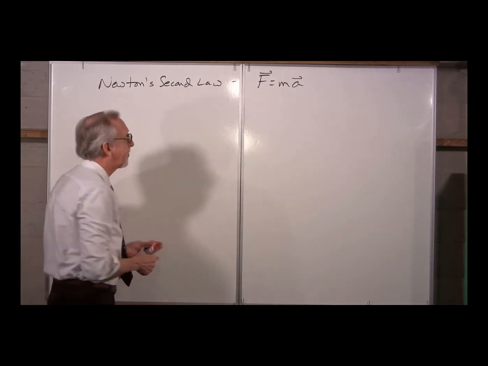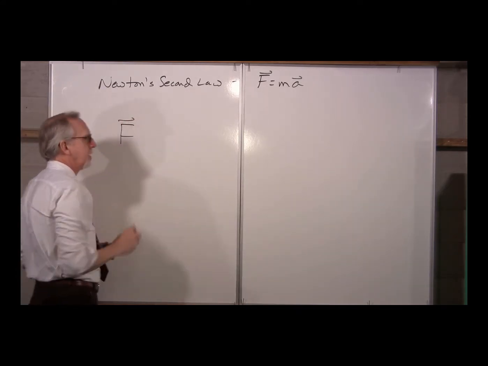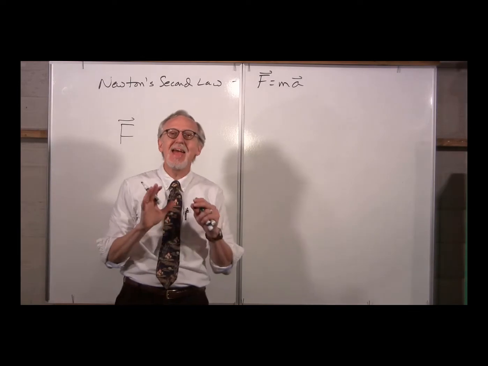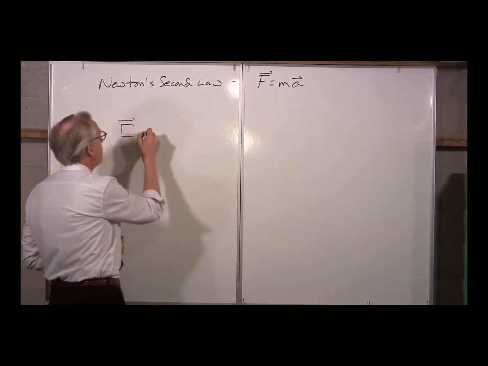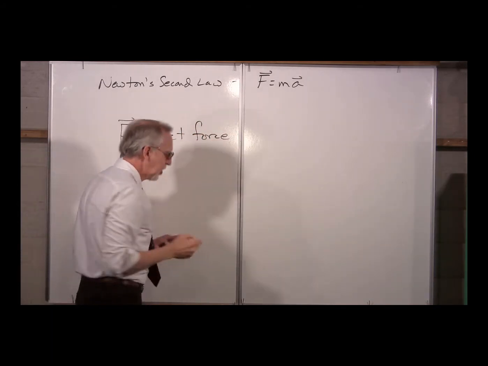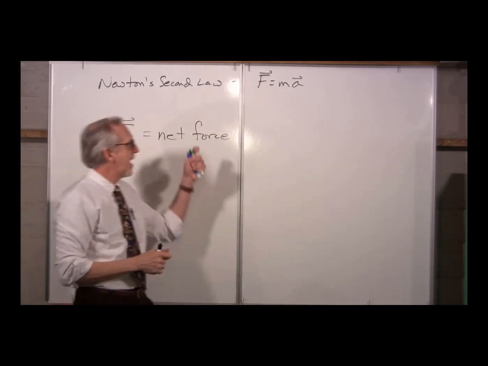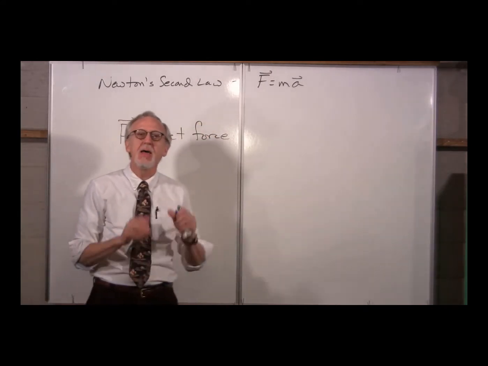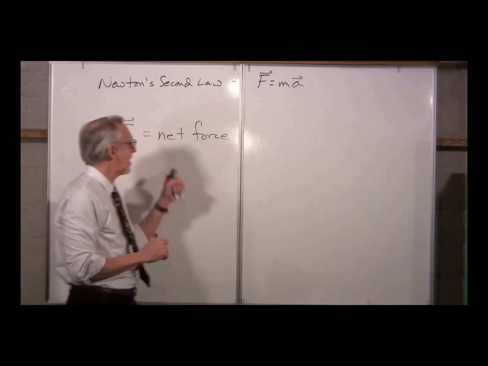What does this mean? First of all, what is F? We have to keep in mind, F is not just any force acting on an object. F, in this case, means the net force. So when we're looking at the motion of an object, F from Newton's second law is the total vector force acting on that object, the net force.